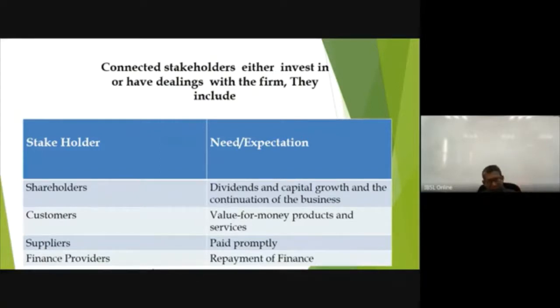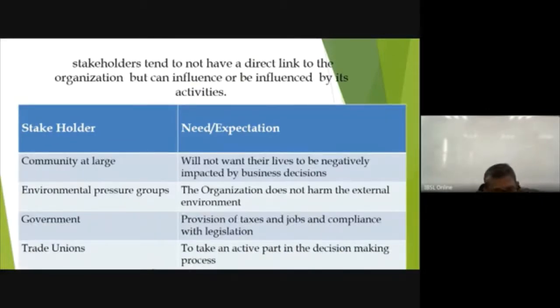Repayment of the finance: the loan taken by us, we need to pay quickly. Right? So what about the community at large? Their concern is that your business does not badly impact the general public.